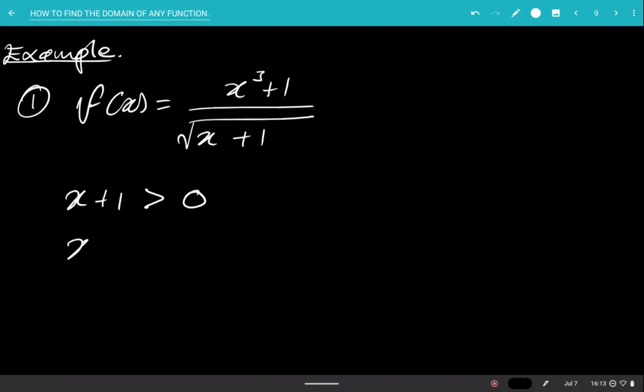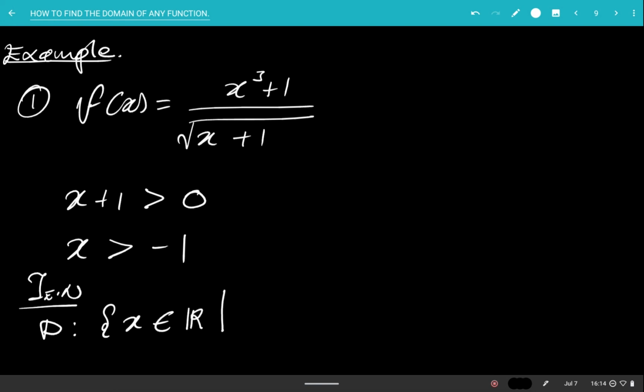So x is greater than minus 1. Once we do that, all we're supposed to do is to now write the domain values. We can use the inequality notation, where we say the domain will be that x should be a member of all real numbers such that x should be greater than minus what? 1.